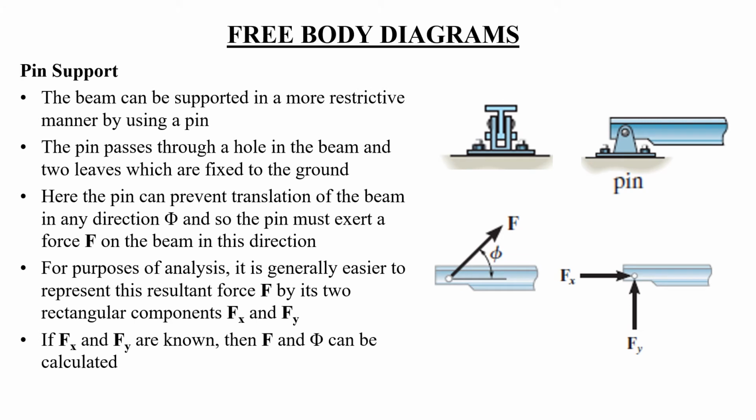So for example, if we install a pin in a beam, what does that pin generally do? You can see your door. If you look at the hinge, here's the door, and there are 2 or 3 hinges which are connected to the wall.